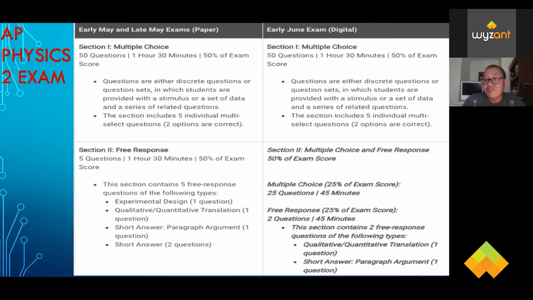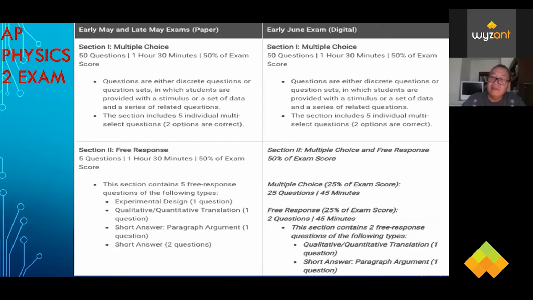You only need to choose one. Only one is correct. The last 5 have 2 options that are correct, okay? Those are multi-select questions.